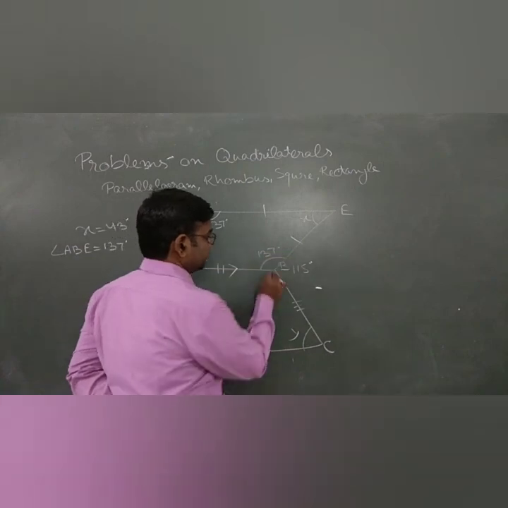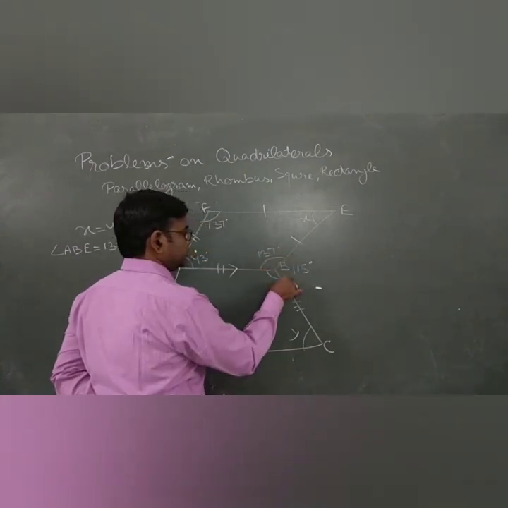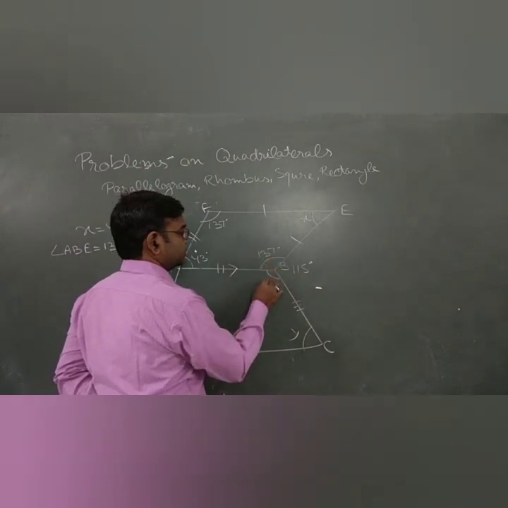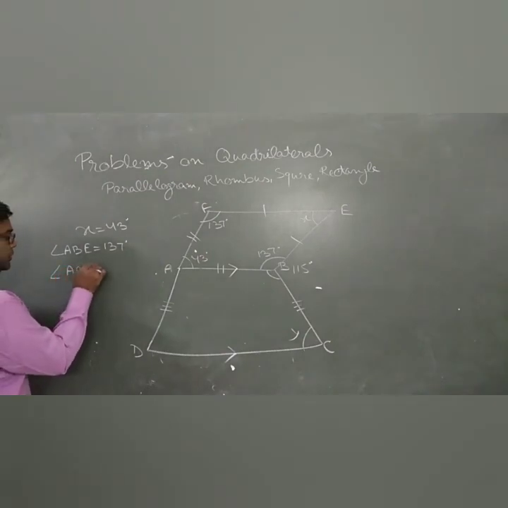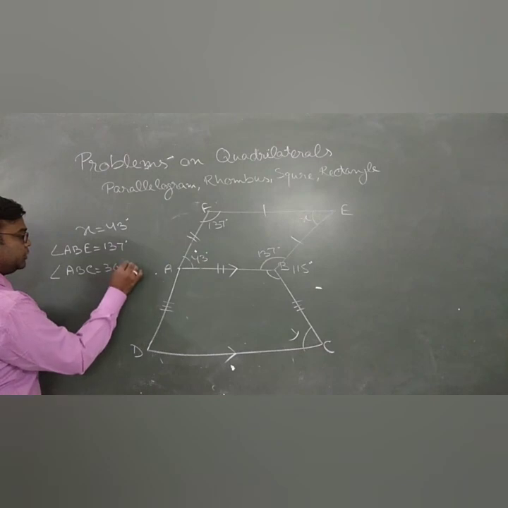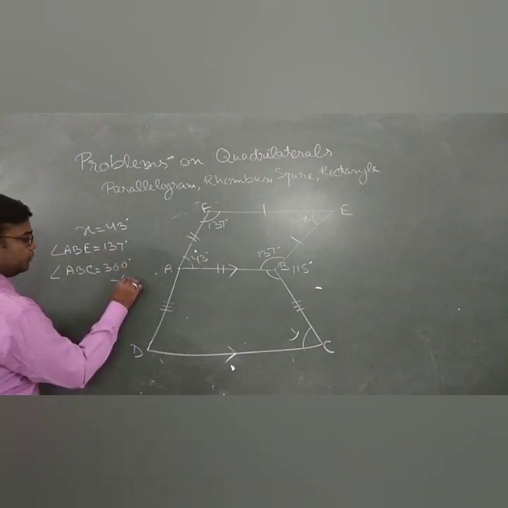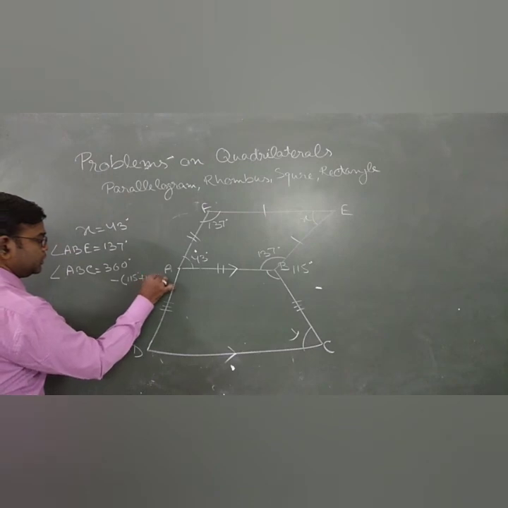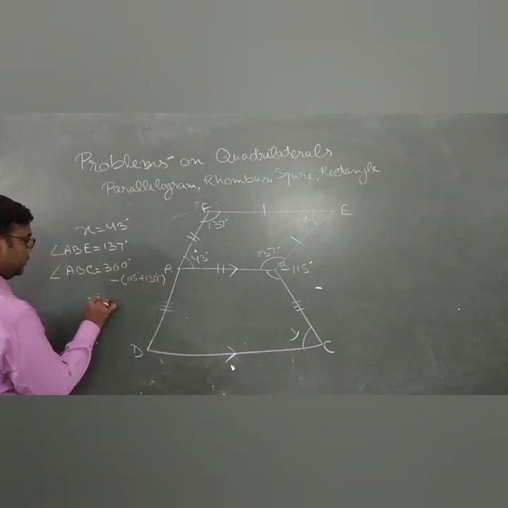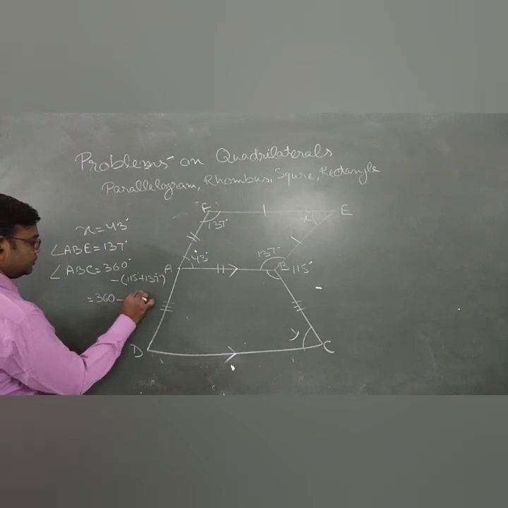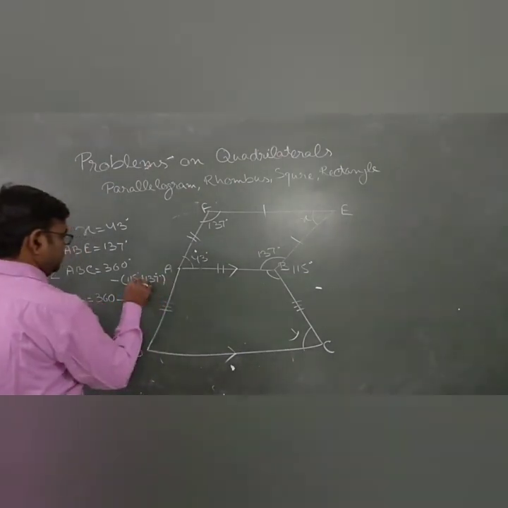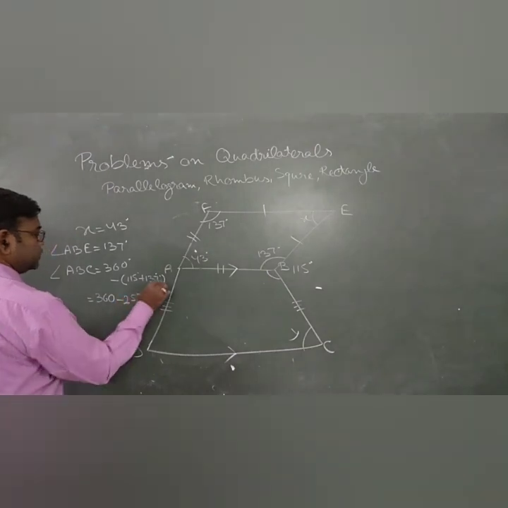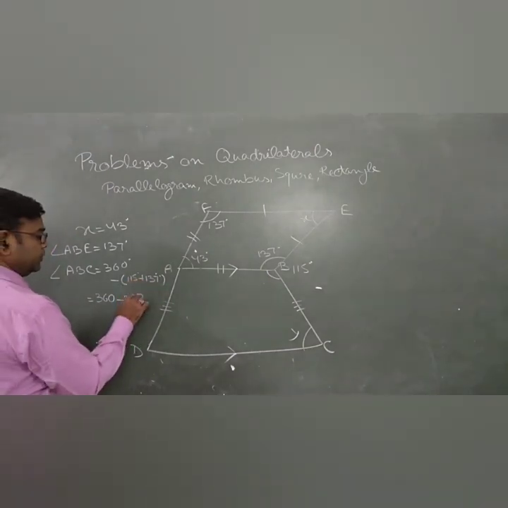So what is the value of this one? As we know, this is a complete circle. So 115, 137. So this one is 360 minus this. Angle ABC equals 360 degrees minus, in bracket, 115 degrees plus 137 degrees. It's 360 minus 252 degrees.